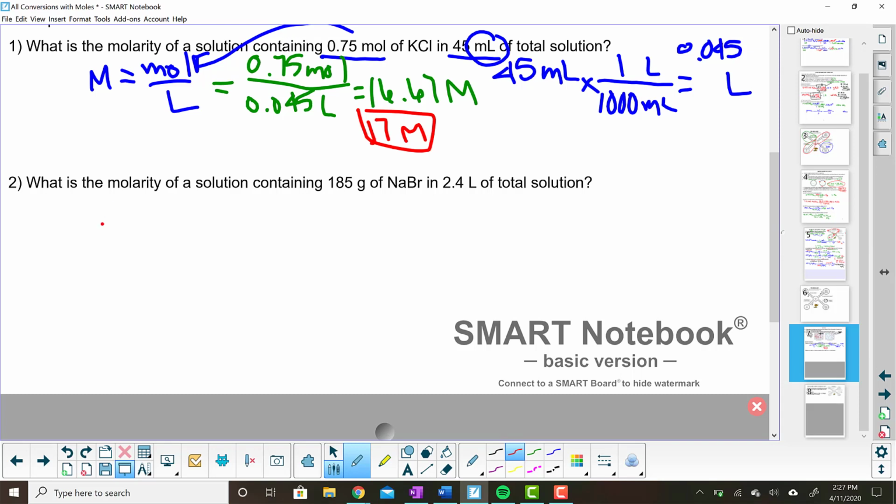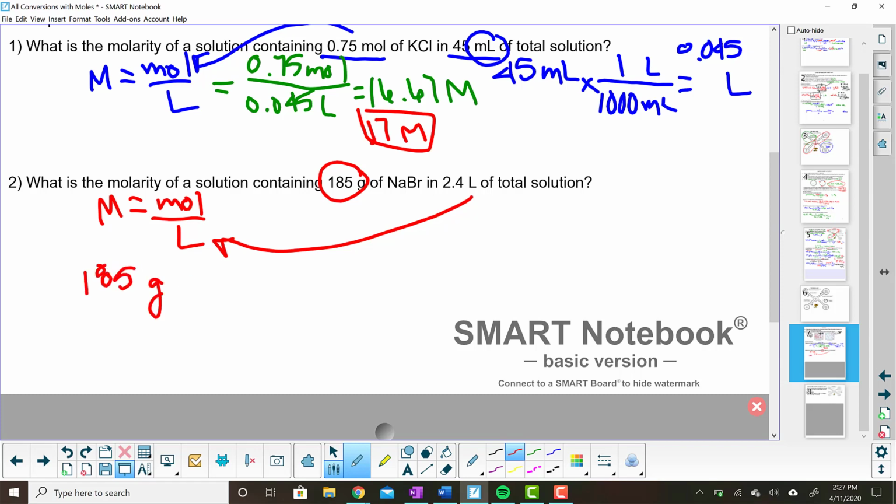If I'm thinking about molarity, molarity is moles over liters. Before I can do anything with that molarity, I do have my liters, but I'm going to have to convert my grams into moles. So good thing we just reviewed that, right? 185 grams. We're going to convert that to moles.